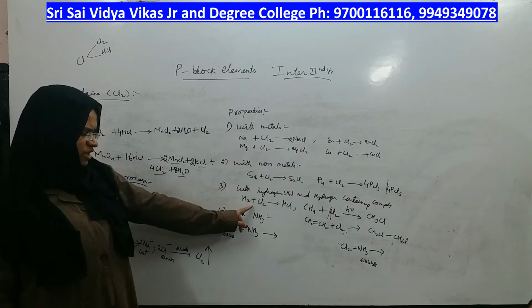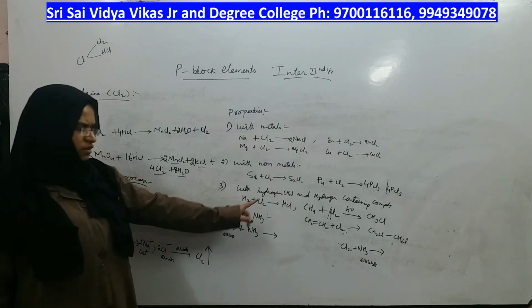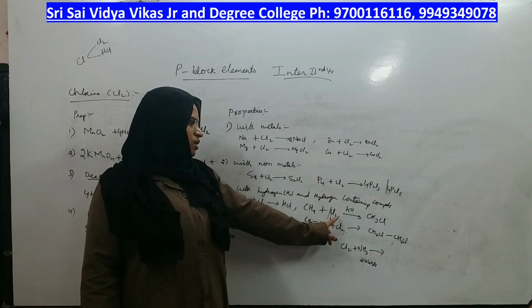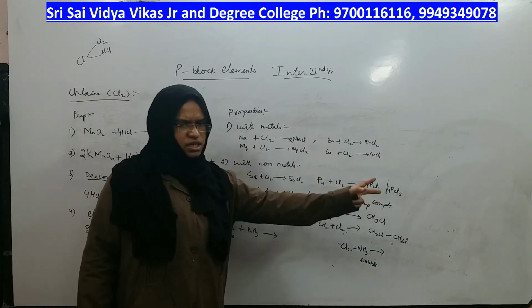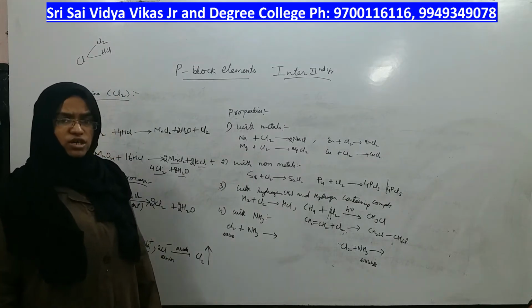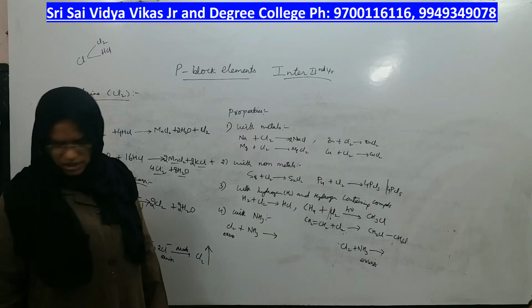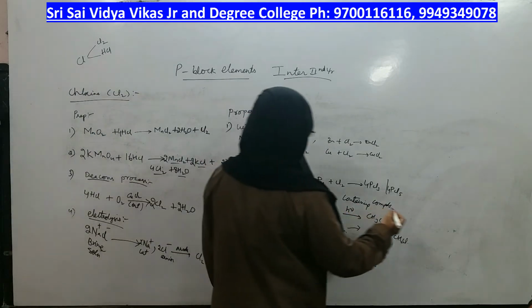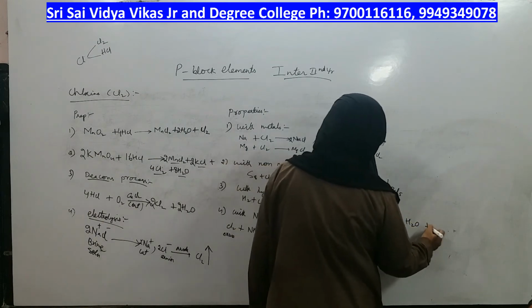This is which type of reaction? Chlorine is reacting with only hydrogen. And these are which type of reaction? Chlorine is reacting with hydrogen containing compounds, right? So even chlorine can react with water also. If it reacts with water, what is the product you get? HCl plus oxygen. I take water plus chlorine.